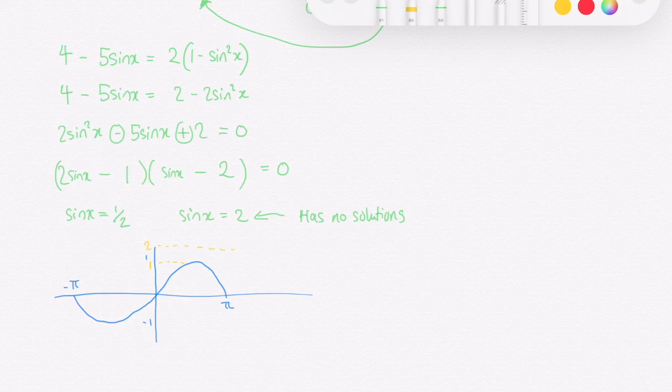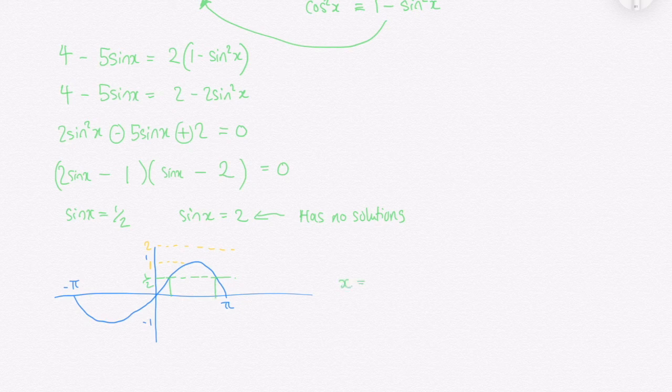So sine x equals a half is about here. And we can see there are 2 solutions to this. So we're going to get x is equal to, well, sine inverse of a half is pi over 6. And either you can do that in your calculator in radians mode, or that's probably one you should know.